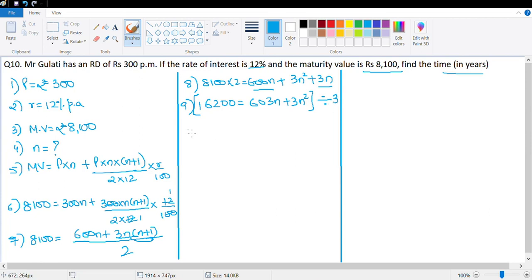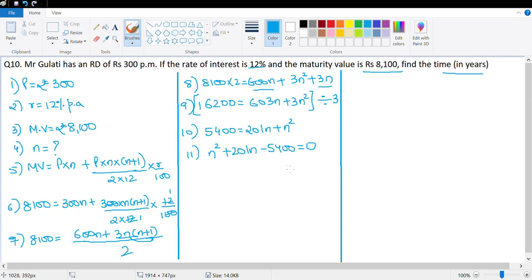Let's divide both sides by 3 and I get 5400 is equal to 201n plus n square. Let's bring all elements on one side. So this is n square plus 201n minus 5400 is equal to 0.